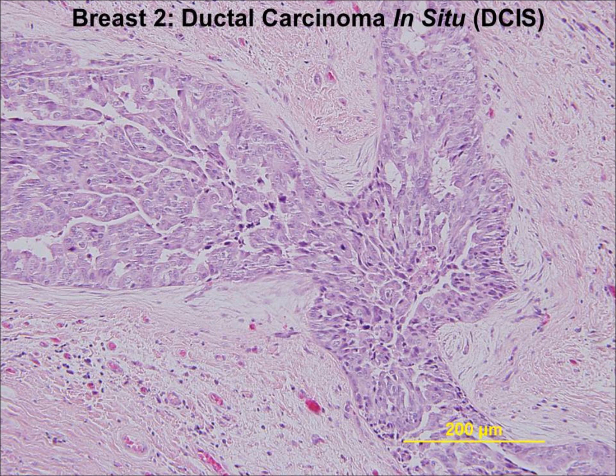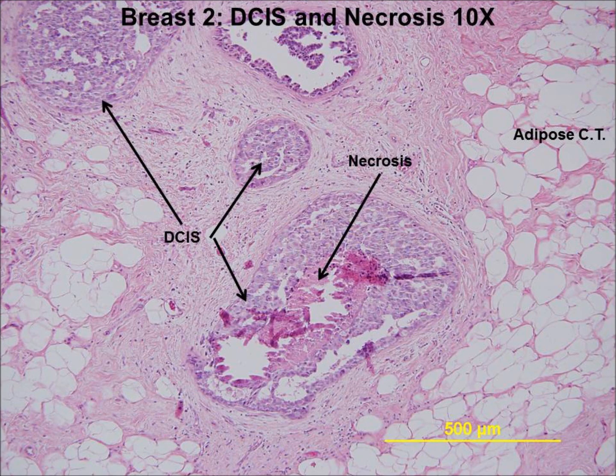Compared to the previous slide at the same magnification, the differences are readily apparent. The DCIS is much larger and filled with cells. This can be distinguished from hyperplasia by the fact that the cells look very uniform in size and shape based upon the morphology of the nuclei. Scan the slide at low power and locate other regions of DCIS. In some cases, you will find that the middle region has undergone necrosis.